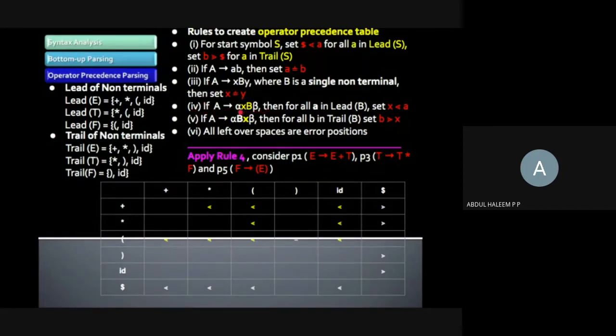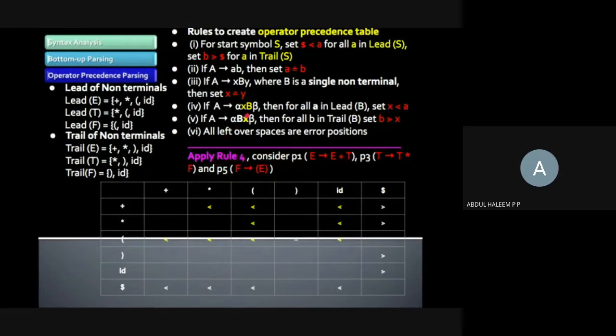Rule number 4 is of the alpha X B beta format, where X is a terminal and B is a non-terminal. So a terminal comes in front of a non-terminal: E plus T, star F, and here left bracket is followed by E. So to all of P1, P3 and P5 we can apply rule number 4.